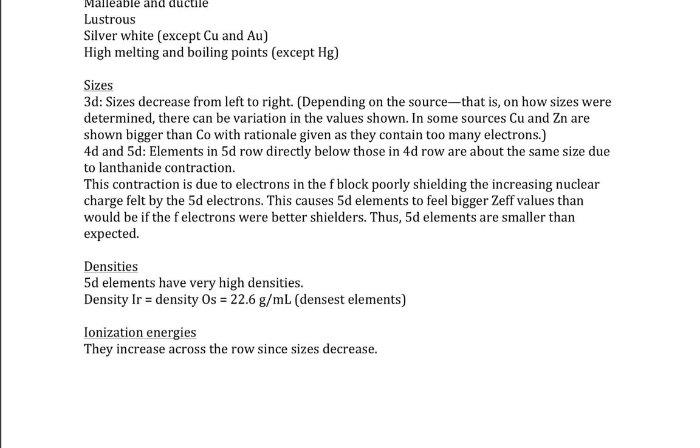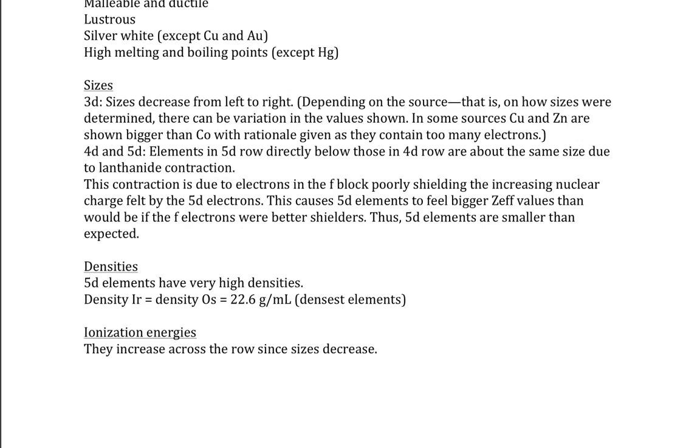But a lot of those lower electrons are these 4f ones, not very good shielders. So the Z effective osmium feels is about the same as the Z effective ruthenium feels, making those two have about the same size. So that's called the lanthanide contraction, because osmium would be after the 4f row if we're looking at electron configuration.